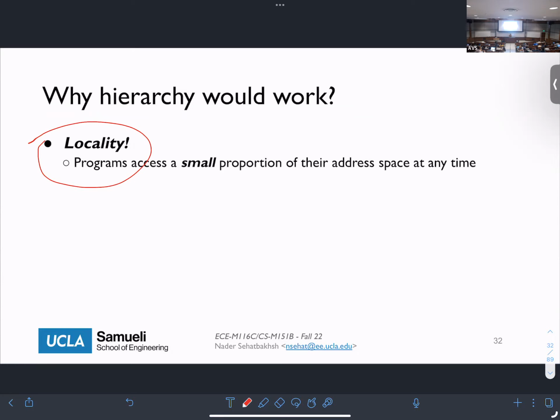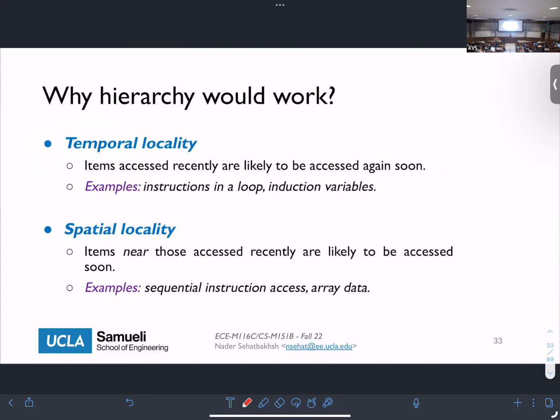So locality is based on this principle that if you're accessing something, there is a really, really good chance that we're going to access the same thing in the future, or we're going to access something similar to that in the future. The first one is called temporal locality, and the second one is called spatial locality.